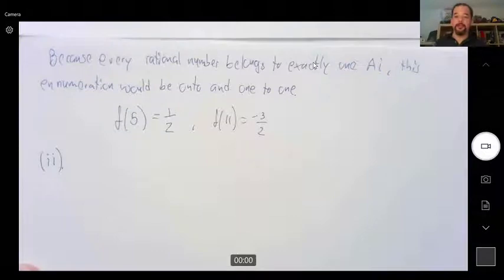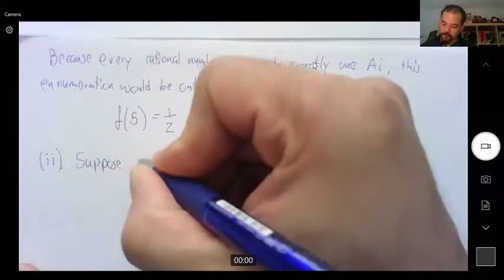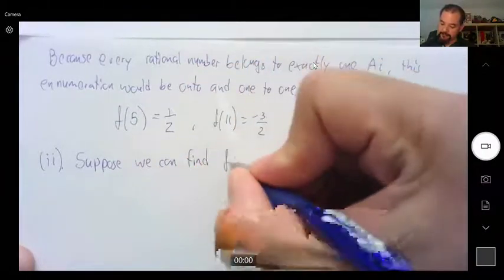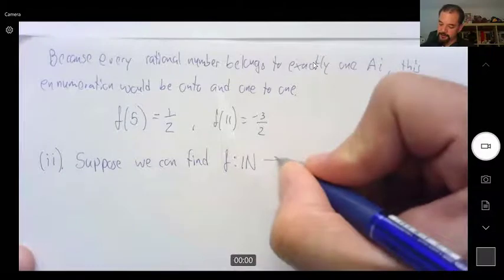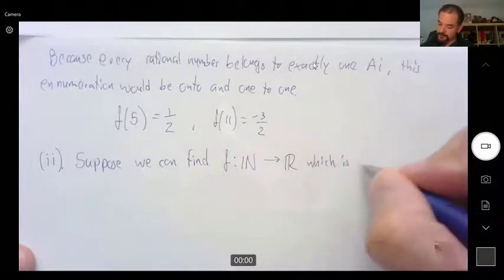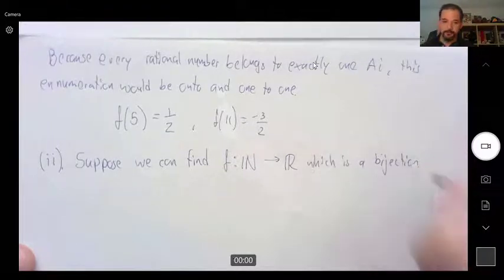let's suppose we can do it. So suppose we can find f from the natural numbers to the real numbers, which is a bijection. So it's onto and it is one-to-one. Suppose we could do it.